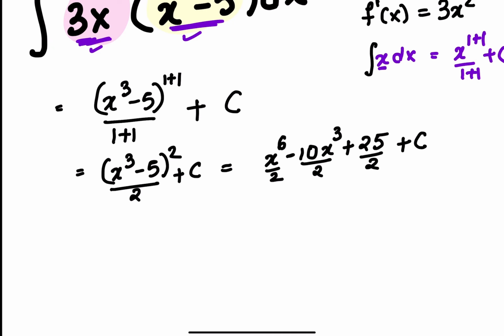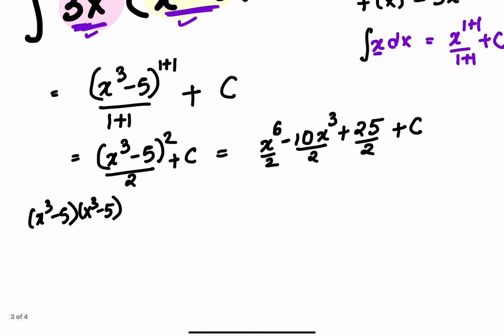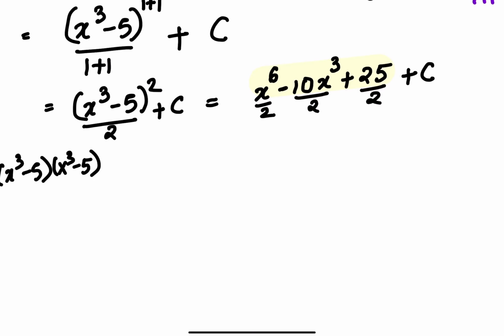So go ahead and multiply x cubed minus 5 times x cubed minus 5, and that's what you will get. This is after I multiplied. You can do FOIL, you can do multiplication. And now, can I simplify this? Yes, I can. This is x to the power 6 minus 5x cubed plus 25 over 2 plus c.